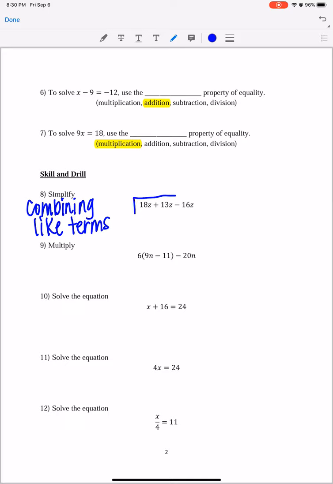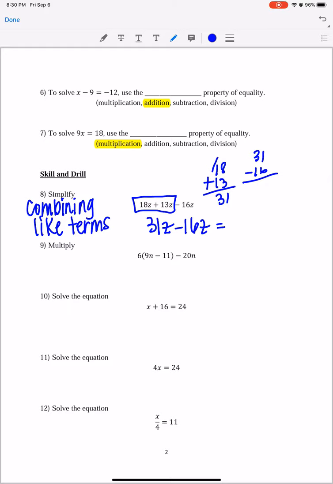So first one here, 18 plus 13z. 18 plus 13. 8 plus 3 is 11. Carry your 1, that's a 3. So we get 31z. Bring down your minus 16. So now combine these. So 31 minus 16.